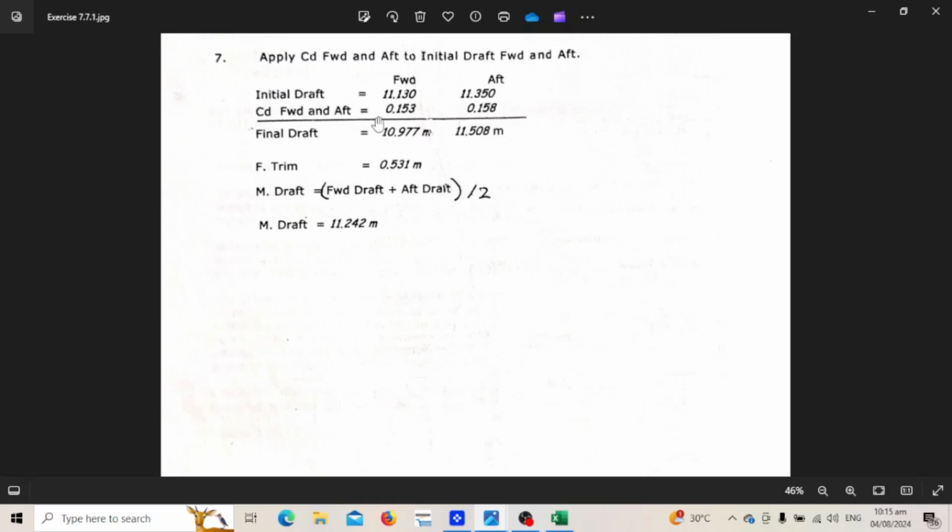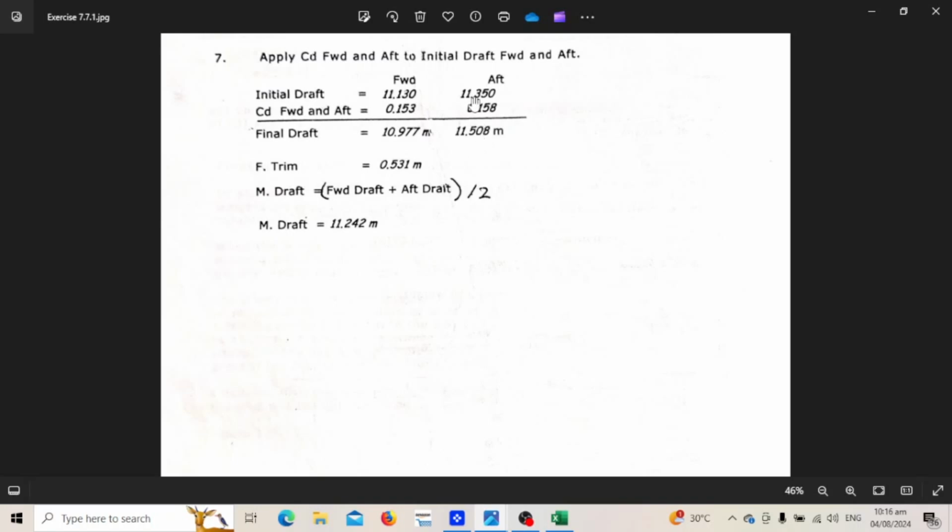So when the weight is taken out forward, meaning you have to deduct or minus this one. So 11.13 minus 0.153, then you will have a final draft forward of 10.977. When you add weight, the up part, or FOT tank number 4, meaning you have to add.